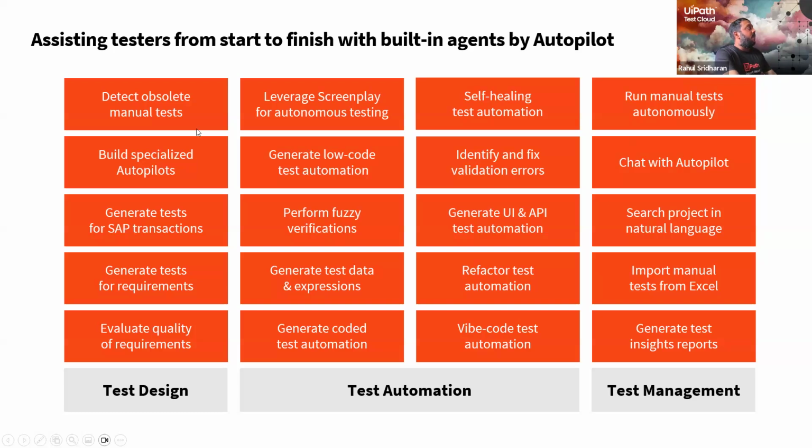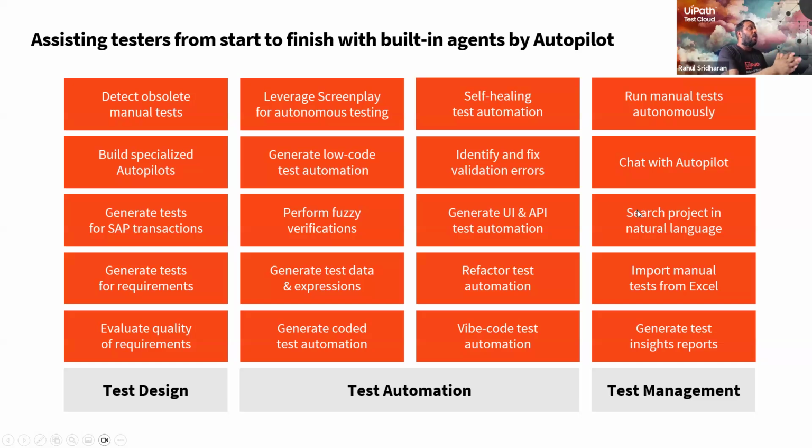For example, we have an agent that can generate test cases for your SAP applications. We have an agent that can look at your requirements and tell you how to improve your user stories and requirements. There is an agent that can help you create automation test cases. There is an agent that can help you heal your test automation when it fails. So there are different kinds of agents within the platform that can help you do different things, right?